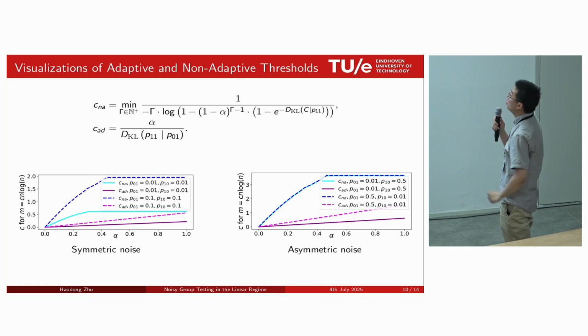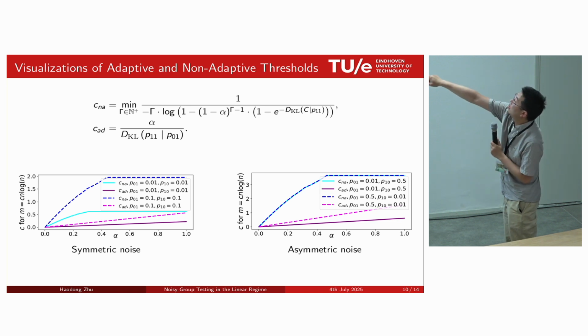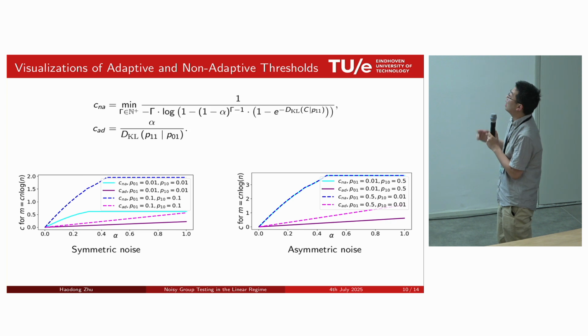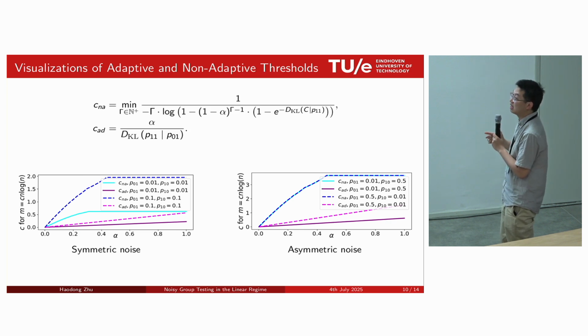When alpha increases, we are more likely to obtain individual tests in this setting, and there's a horizontal line in the graph, which corresponds to the case where alpha is so large that almost all the tests are individual tests, even in the non-adaptive case. Okay, got it.